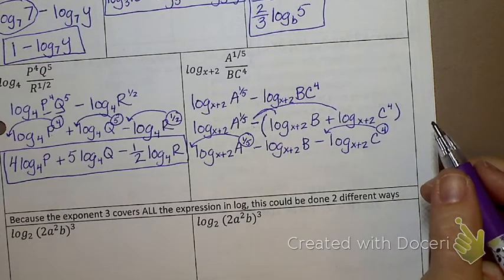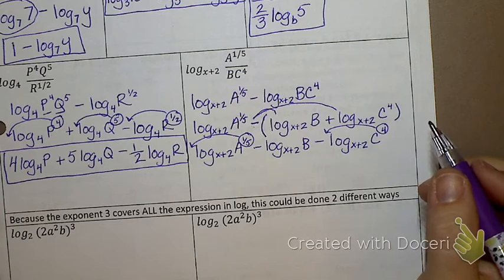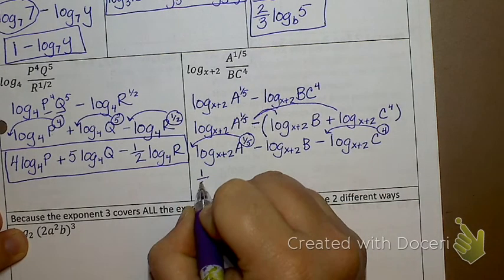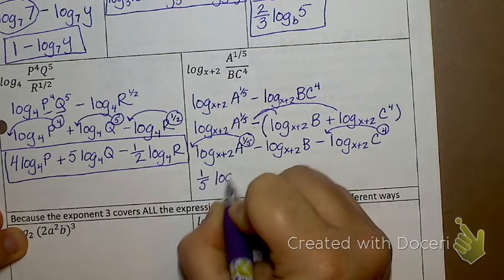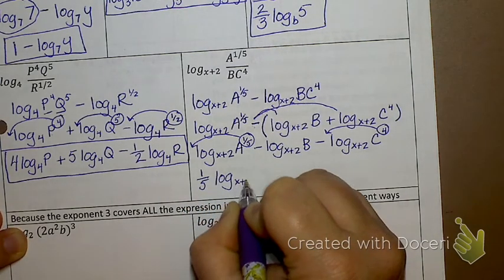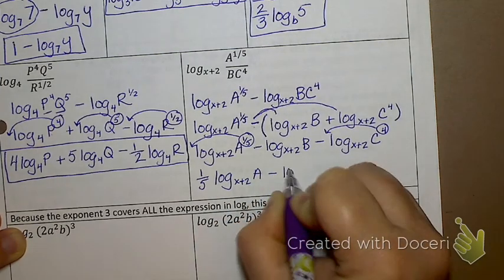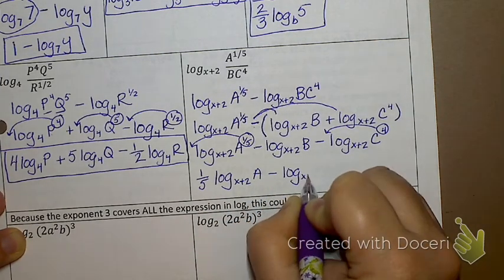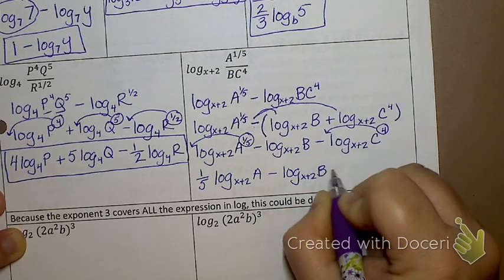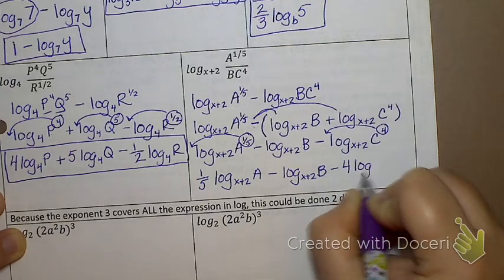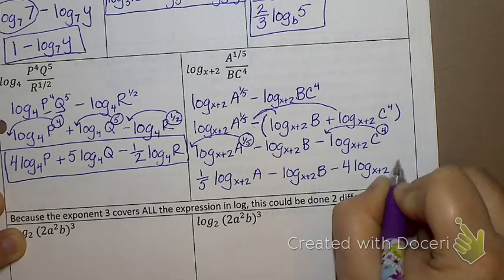But regardless, take care of division and multiplication first, if you can, and save the exponent for last if you can. All right? So I finally end up with 1/5 log base x plus 2 of a minus log base x plus 2 of b minus 4 log base x plus 2 of c.